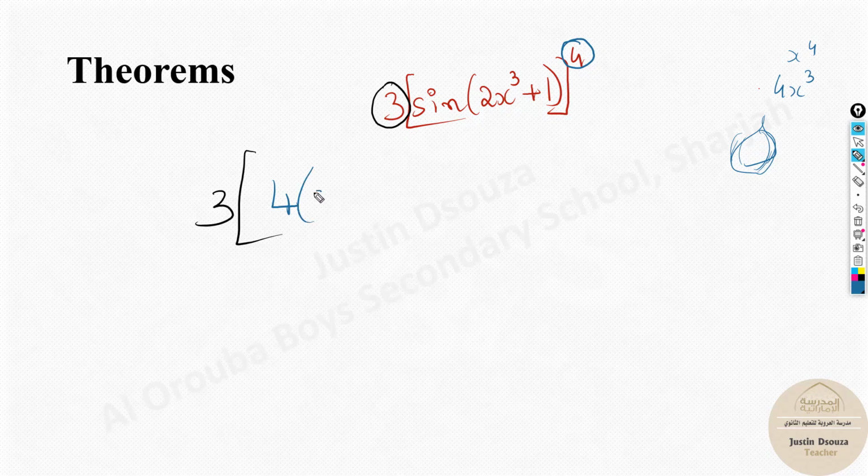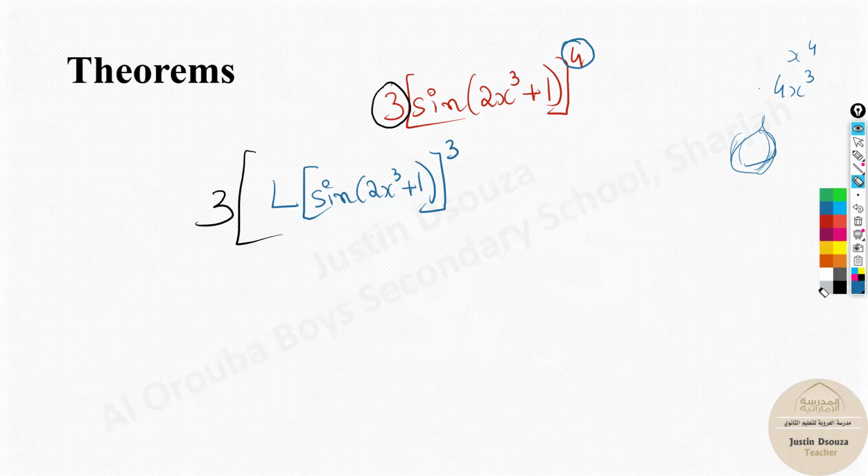So 4 sine(2x cubed plus 1), the whole power 3. I've just used the power rule here. That is the only thing that's done here with the power rule.